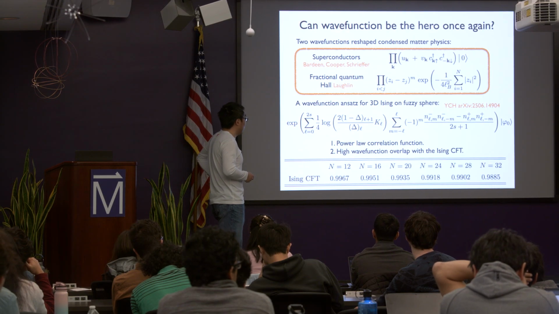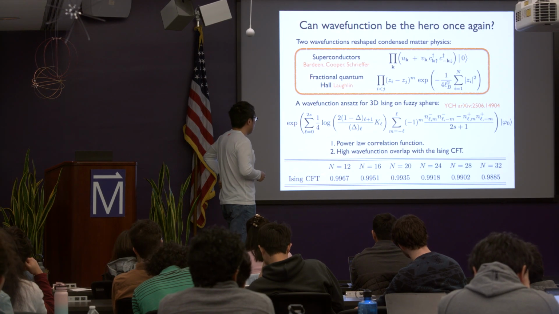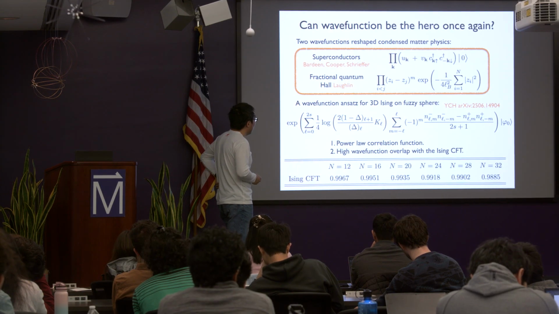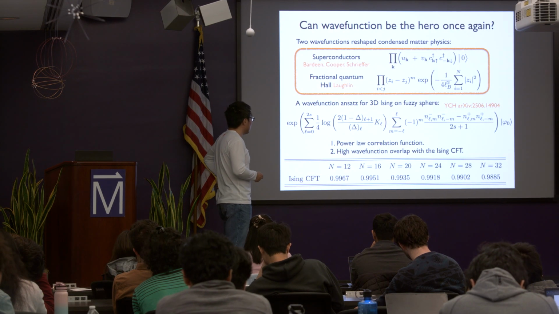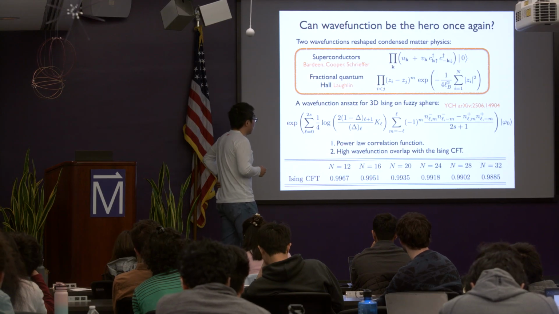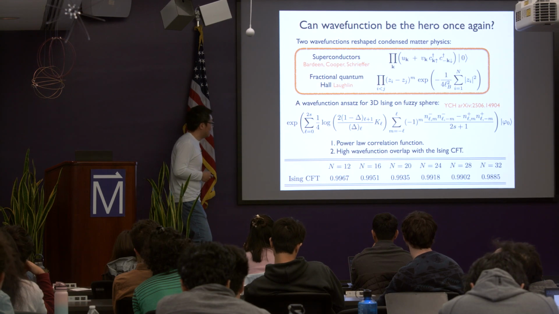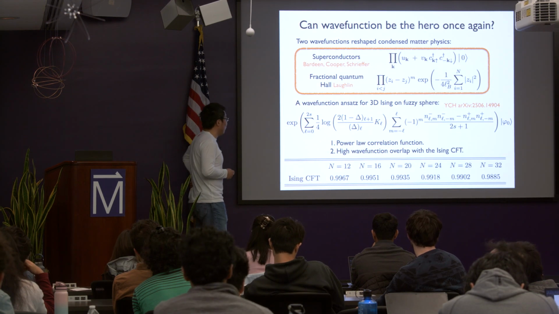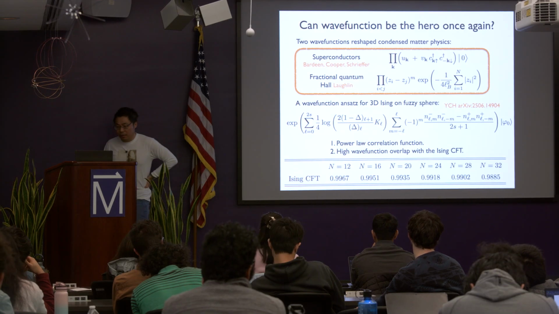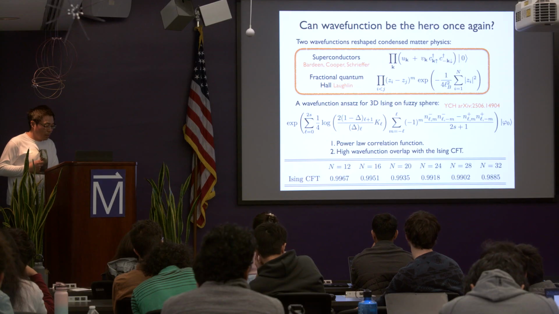It has very good overlap with the numerical Ising CFT ground state, and the overlap is comparable, or even higher than the Laughlin wave functions with the Coulomb potentials. And it also has power law correlation functions, but I don't quite think this is the final correct answer, but it's a very interesting, promising direction to pursue.